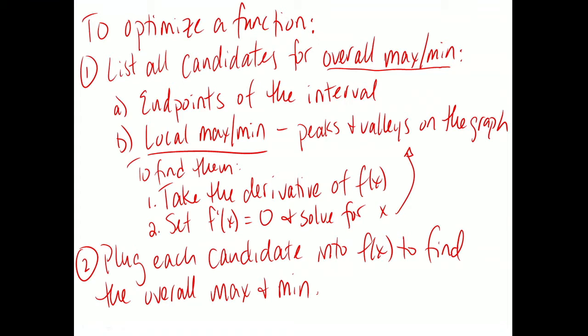I mean, it couldn't be any easier when you get to the end. You're just going to plug stuff in and see what's the biggest number you get. That's the maximum. Whatever the smallest number you get, that's the minimum. And that's the end of the story.